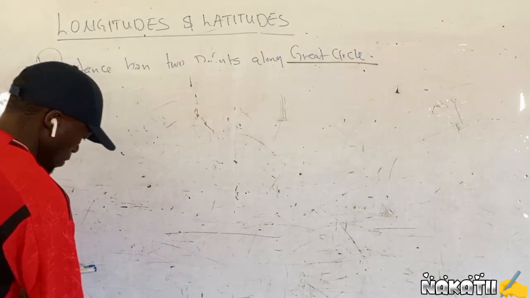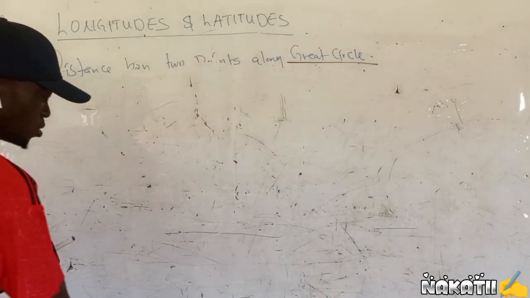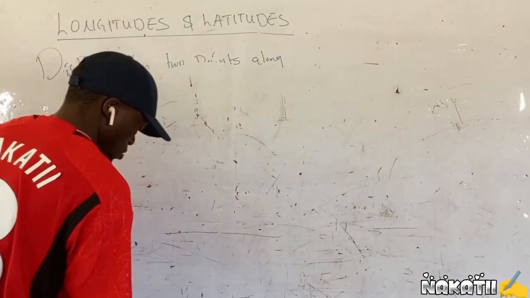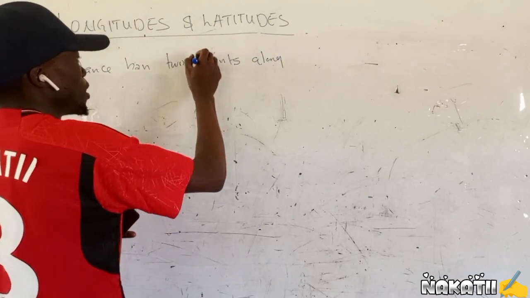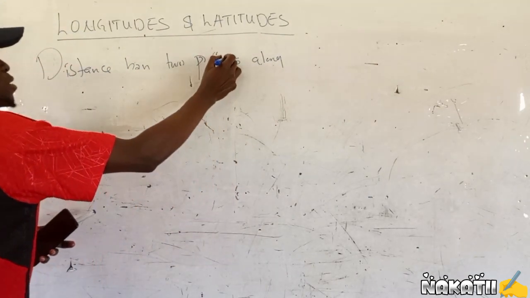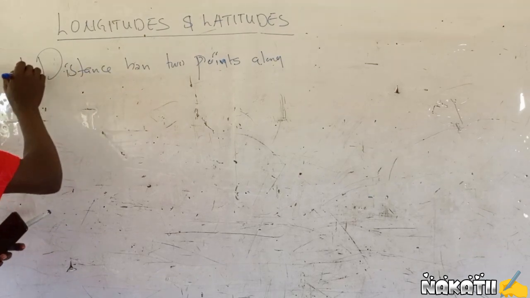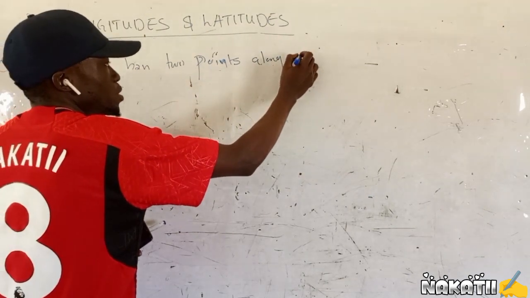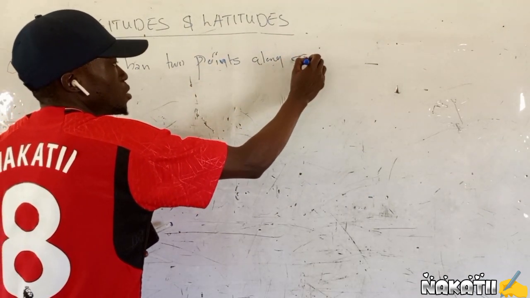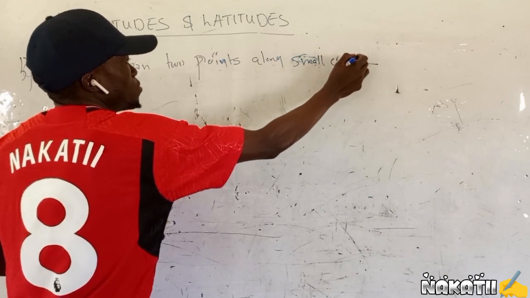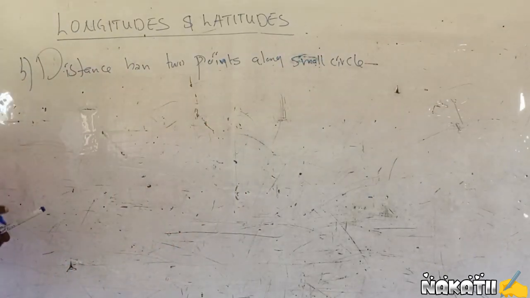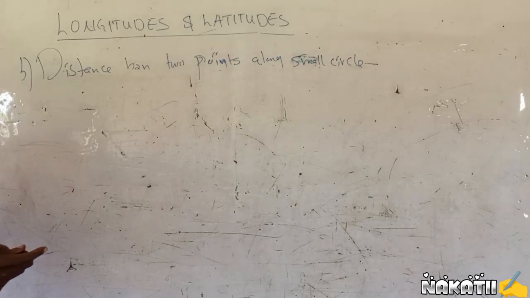Then lastly, distance along small circle. Distance between 2 points, this is B, along a small circle. So again, you can either be told to get the distance in nautical miles or in kilometers.